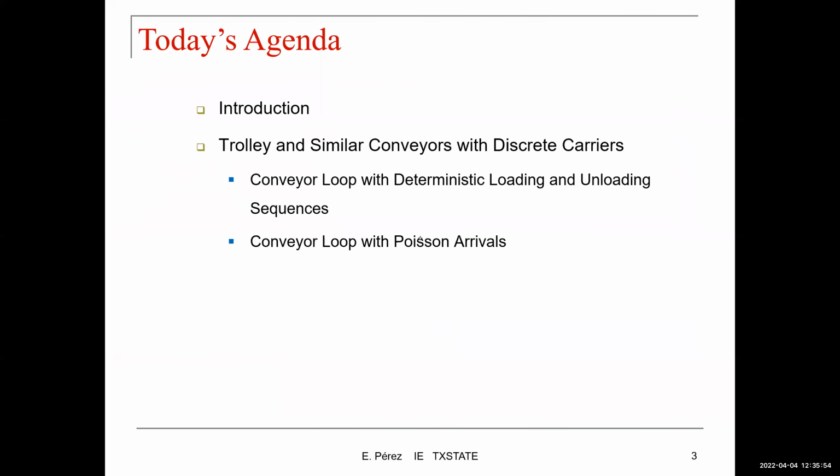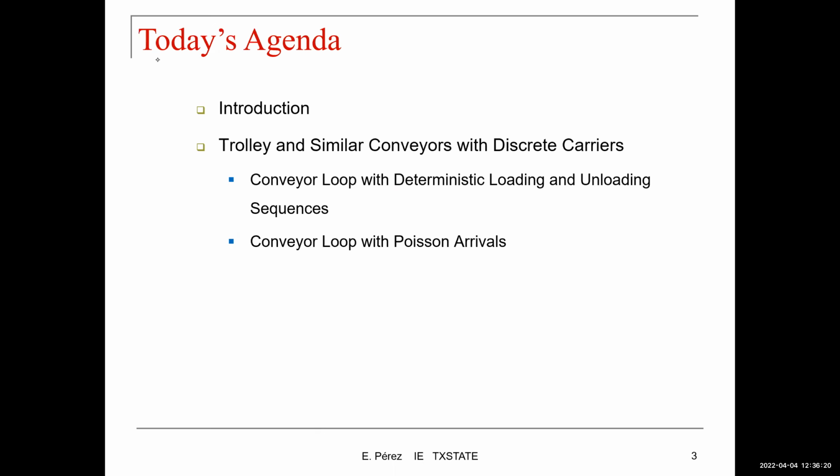So the agenda for this afternoon, we're going to talk about trolleys and similar conveyors with discrete carriers. And what that means is I'm going to teach you how to design for a conveyor that has a carrier and can only have a certain number of items in it, and it moves around a loop.